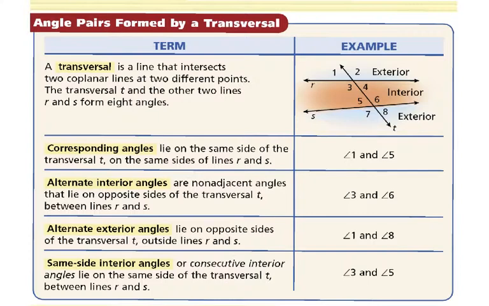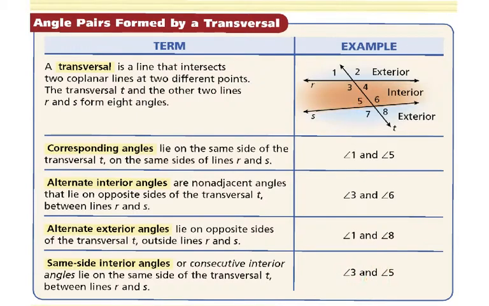Now we're going to look at something called same side interior angles, or as you may hear me call it, consecutive interior angles. Consecutive means the same thing as same side. And like the name of it, it is on the same side of the transversal. So again, like corresponding angles, they lie on the same side. 3 and 5 is going to be a good example of this.